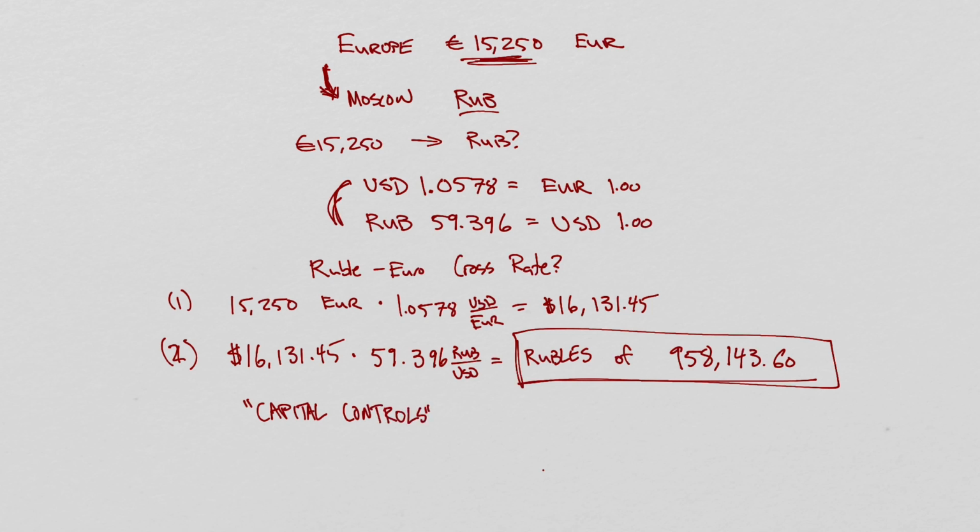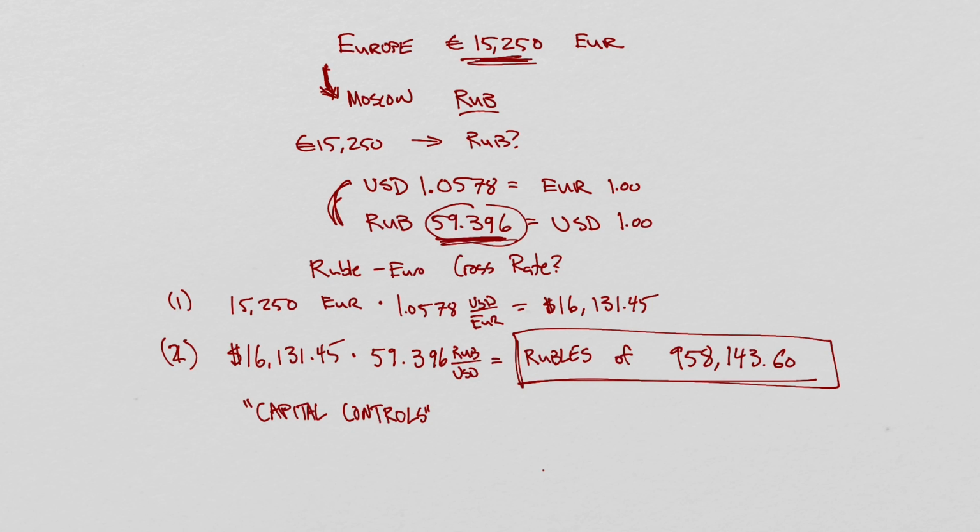But this is sort of a government's forced conversion of an exchange rate of currency at a specific exchange rate. And so if I go to the borders of Russia with my euros and I convince someone to give me rubles for them, if it's an official authority like a bank, the Russian government is going to say, hey, you specifically have to translate that at 59.39 or whatever rate that they decide.